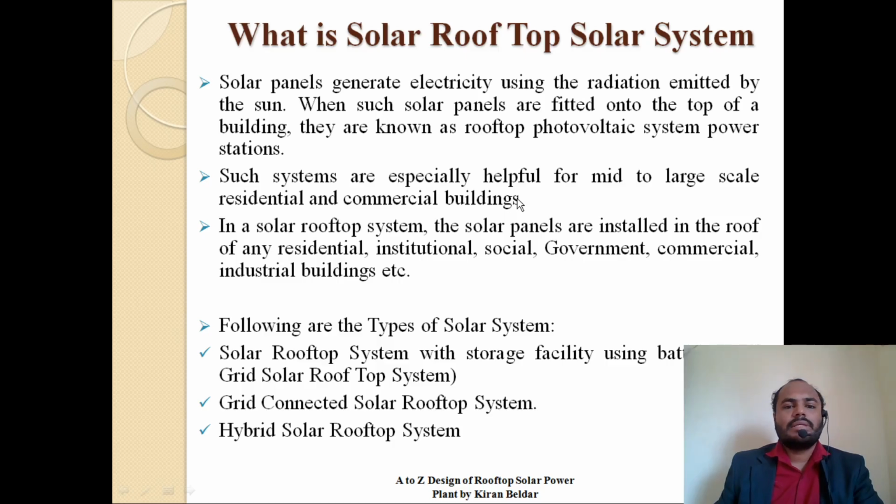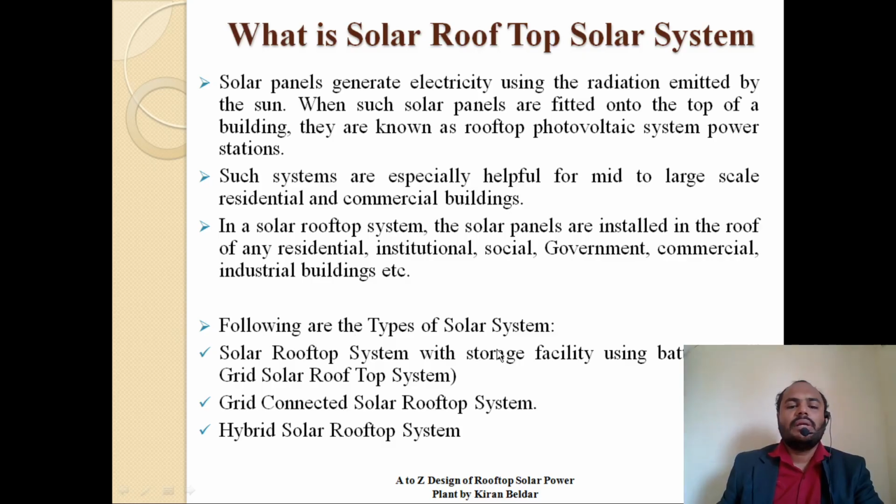We can utilize the roof of a home for residential buildings, and the shade for commercial and industrial electricity use. In a solar rooftop system, the solar panels are installed on the roof of any residential, institutional, social, government, commercial and industrial building, etc. Basically, there are three types of rooftop solar system.